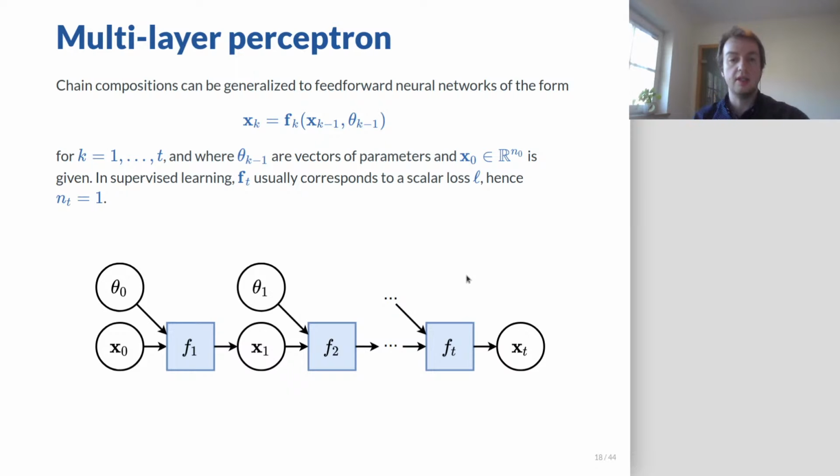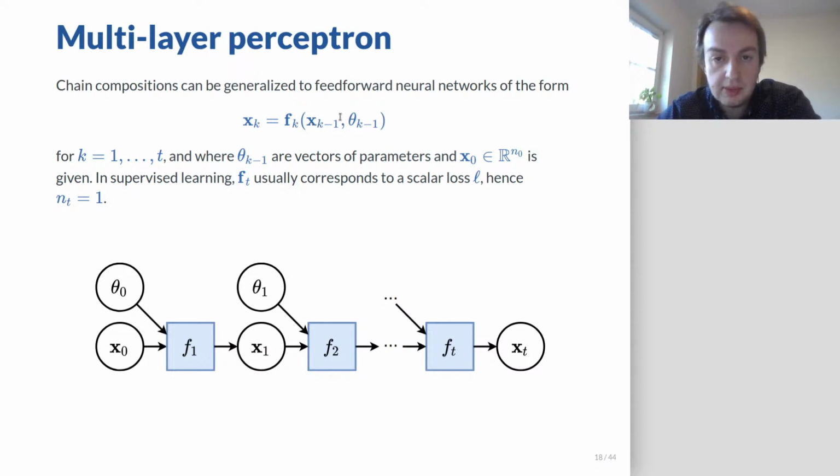Let's see now how we could use this in the case of the multi-layer perceptron architecture, which we saw together last week. You can generalize the chain compositions by saying that the variables xk are the result of some function fk, which now takes two arguments. The first is the value of the previous layer, the previous intermediate variable xk minus 1.